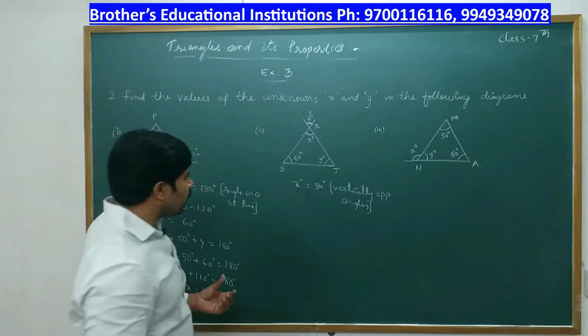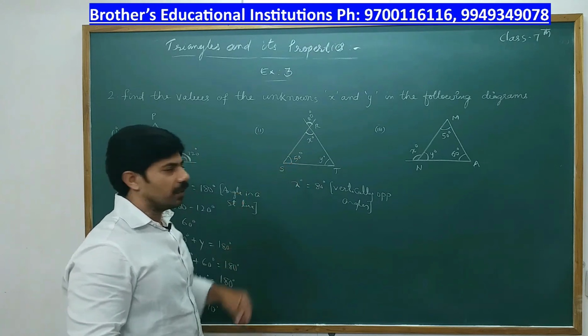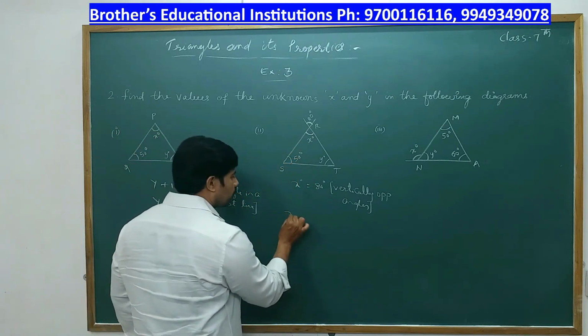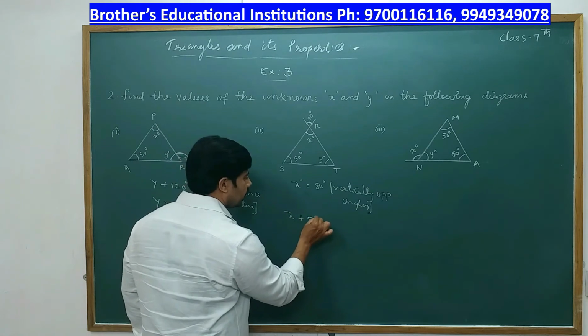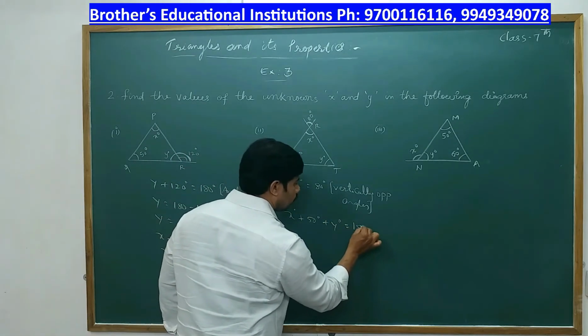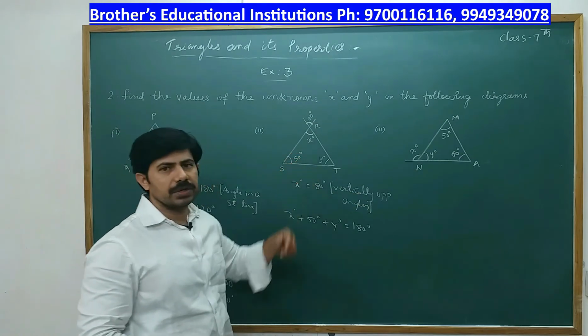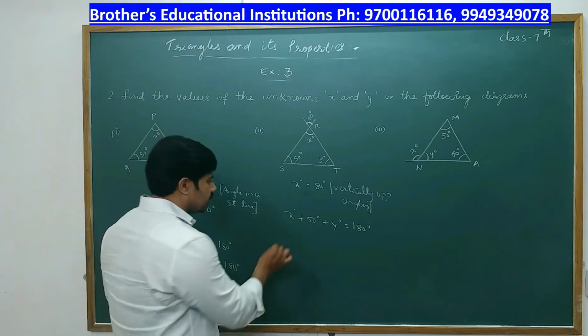Now after getting x as 80, using angle sum property we can get the value of y. Angle sum property means the sum of the angles in a triangle is 180 degrees. x plus 50 plus y is equal to 180 degrees, right? Now already we know the x value.